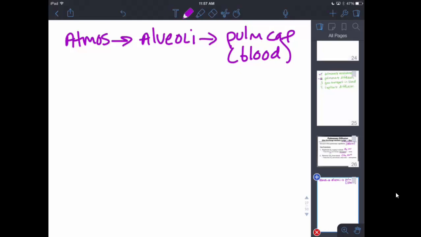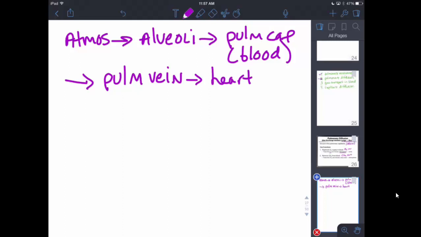Okay, and then the pulmonary capillaries empty their blood into the pulmonary vein, and the pulmonary vein brings the blood back to the heart, left atria to left ventricle, and eventually ejects the blood into the aorta, and now the oxygen can go out into the system and get delivered to your tissues and your cells.